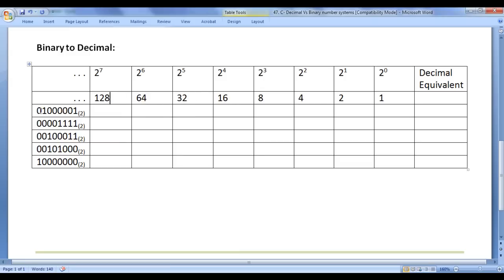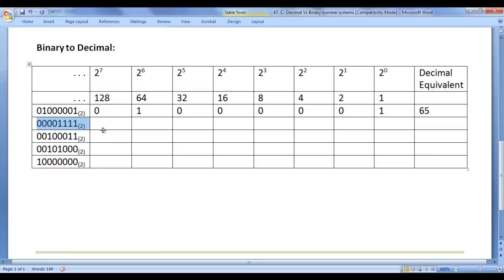You just write down these digits: 0, 1, 0, 0, 0, 0, 0, 1. Once you write down the digits, you just need to add the numbers above ones, guys. Above the 1 we have 64 here. Above this one we have 1. So 64 plus 1 is 65. So we have successfully converted the binary number to a decimal equivalent, guys.